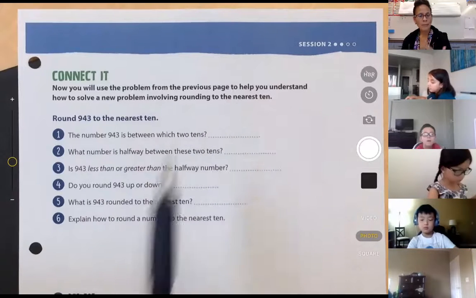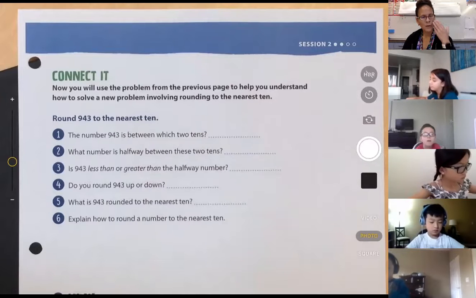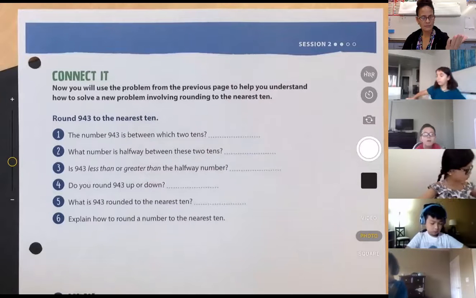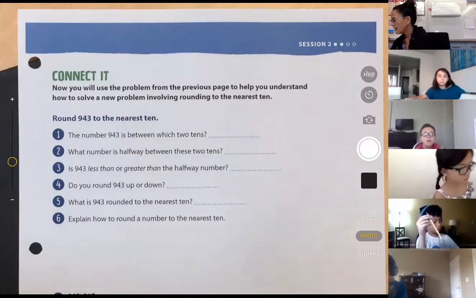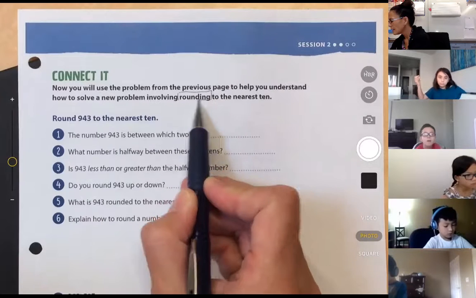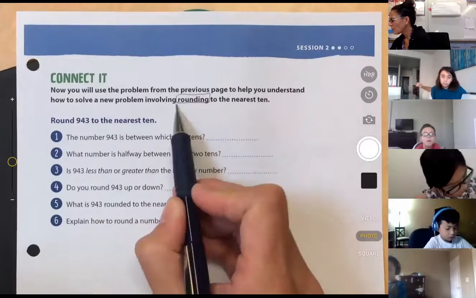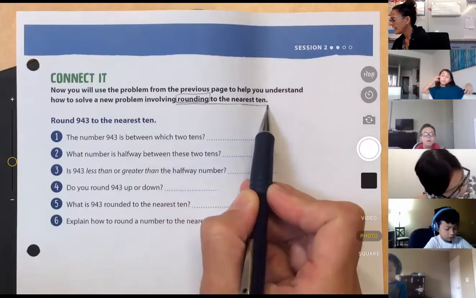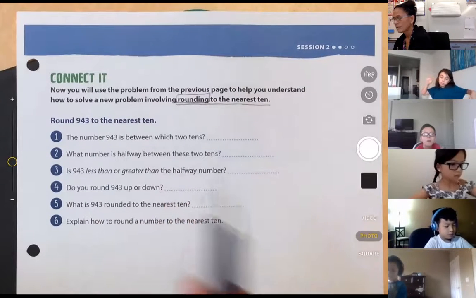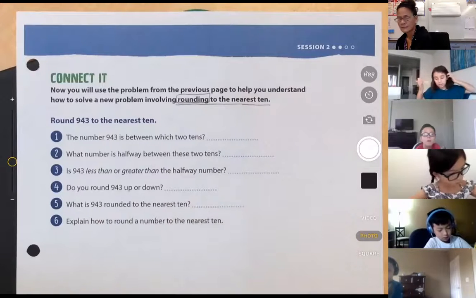So again, going back to my cubes strategy, what is this asking me? It is asking me to round, and that's a super important word. I'm rounding to the nearest 10, right? I am rounding to the nearest 10.